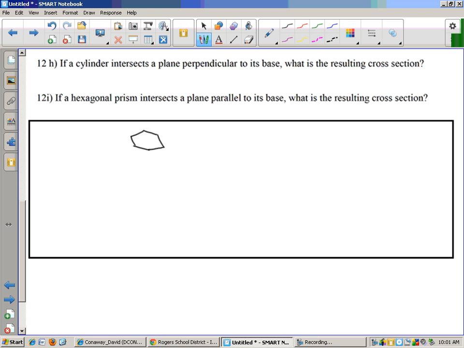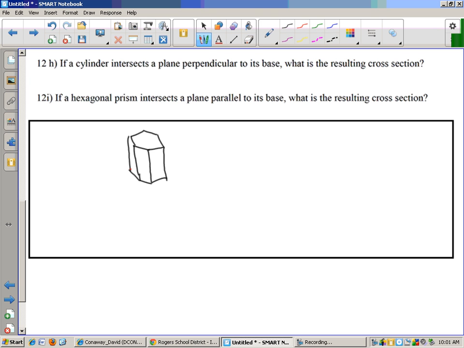It looks horrible, you're right. But what do we know about prisms? We talked about prisms in chapter 12. Parallel bases, and what are the sides made out of? Rectangles.